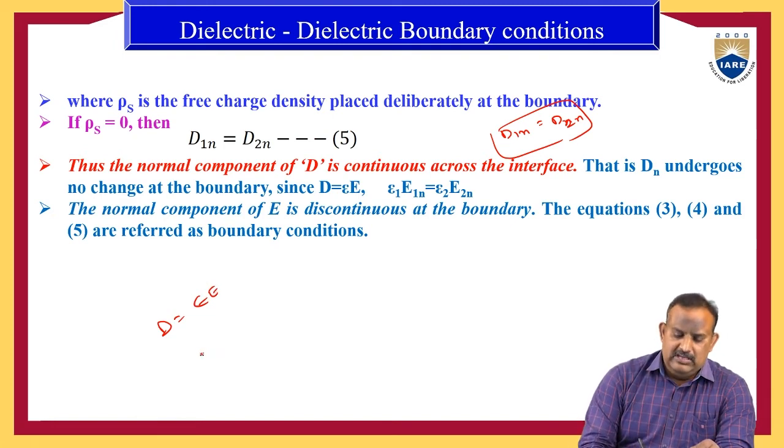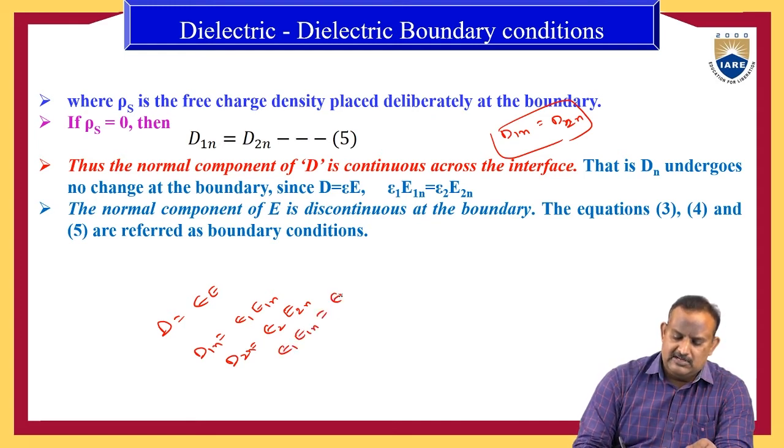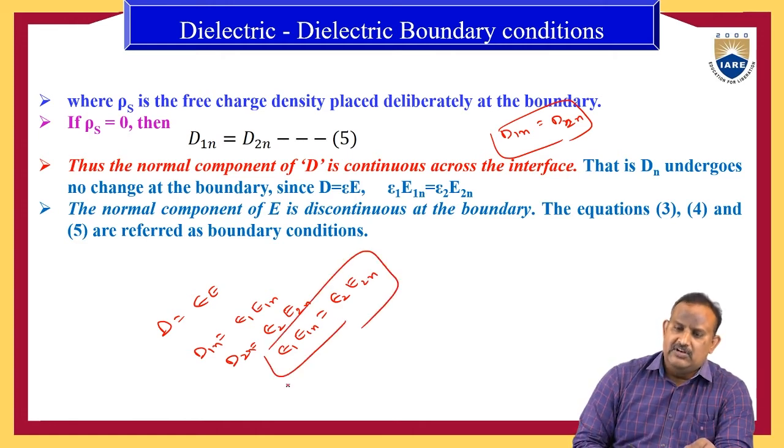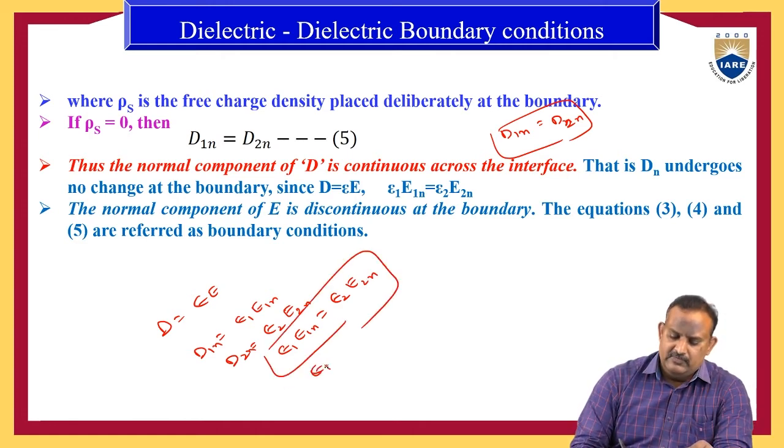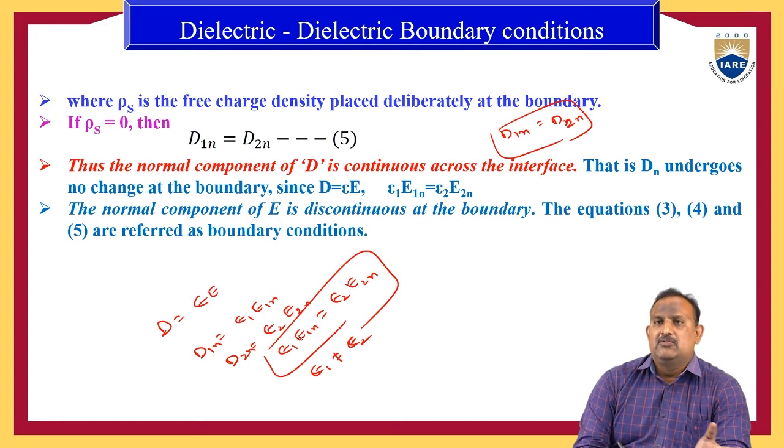Therefore, D1 can be written as epsilon 1 into E1n, and D2 as epsilon 2 into E2n. Because D1n equals D2n, we can equate epsilon 1 E1n to epsilon 2 E2n. For different media, epsilon 1 is not equal to epsilon 2, so the left-hand side is not equal to the right-hand side.